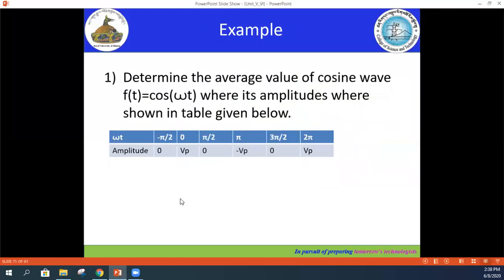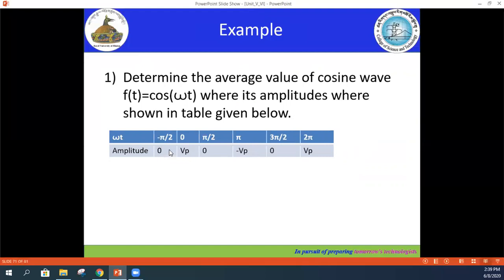And here is a small exercise. Determine the average value of the cosine wave f of t equals cos omega t, where its amplitude is shown in the table given below. Here is the time function in radian form. It starts from minus pi by 2, and a complete cycle is given.